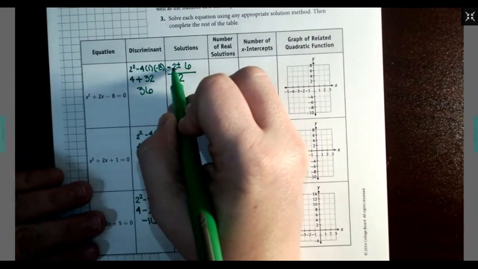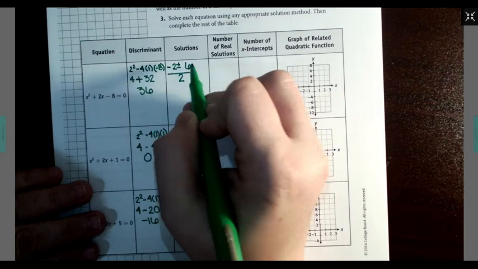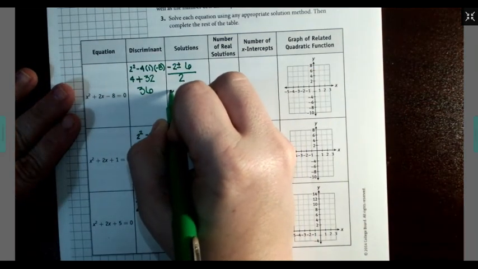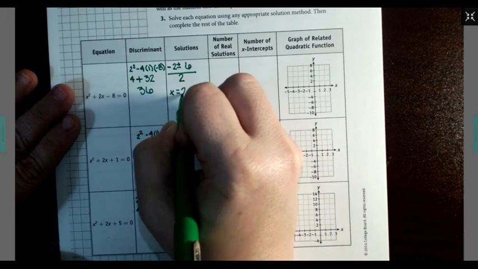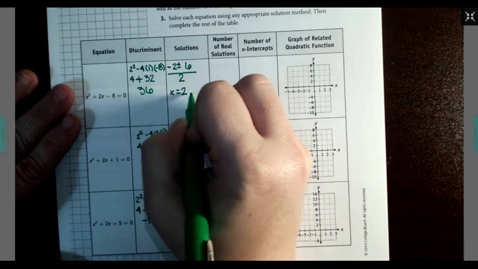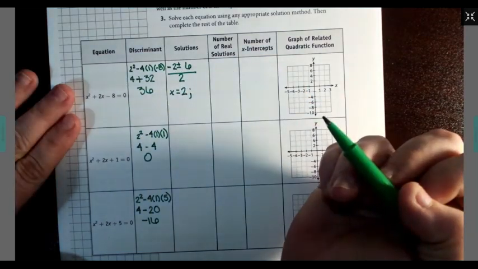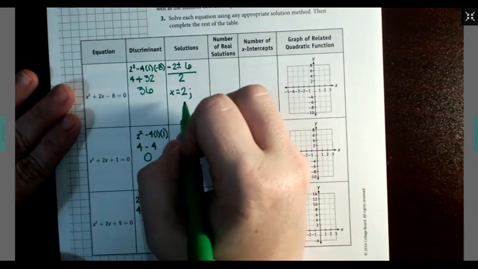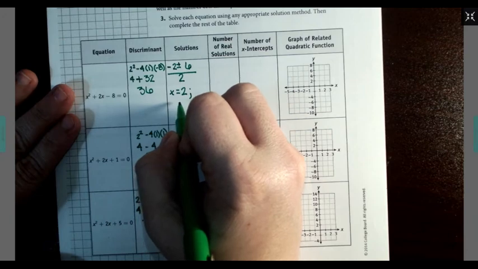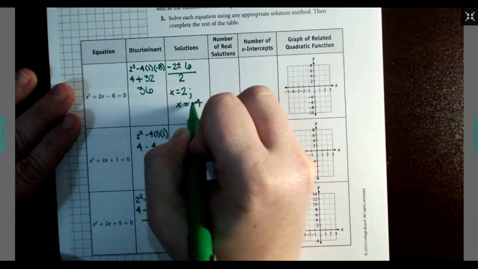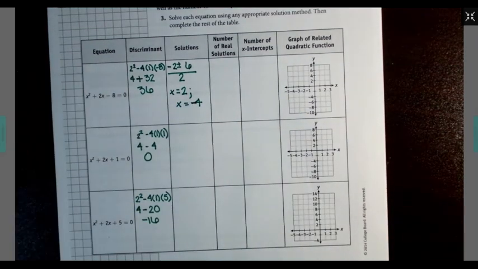So negative 2 plus 6 is 4, and 4 divided by 2 is 2. Negative 2 minus 6 is negative 8, and negative 8 divided by 2 is negative 4. So we have 2 and negative 4.